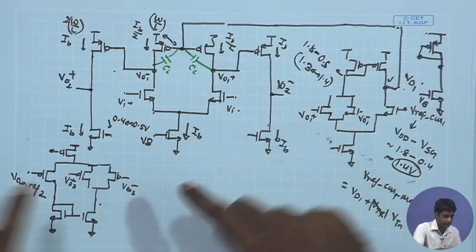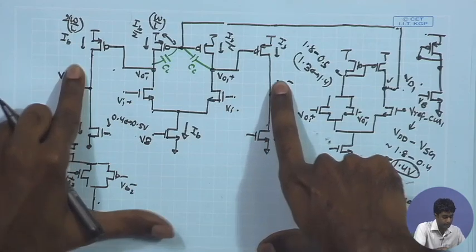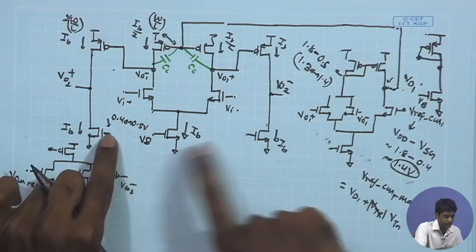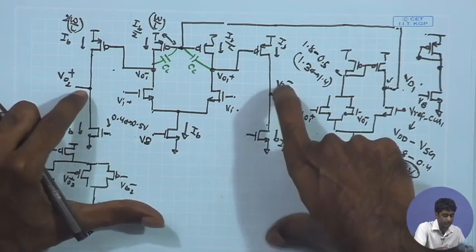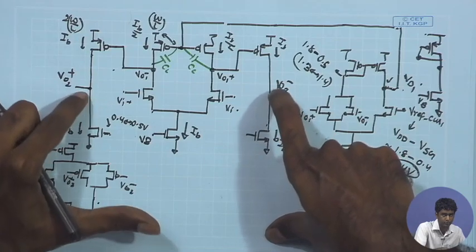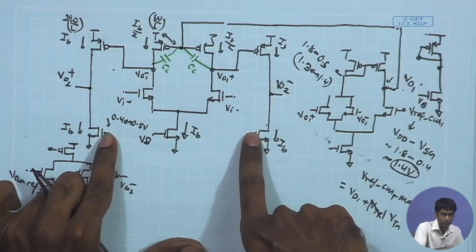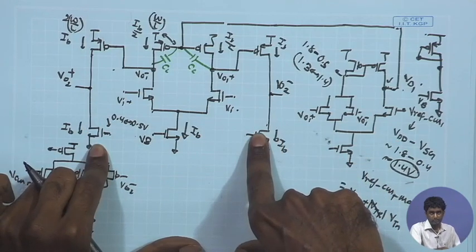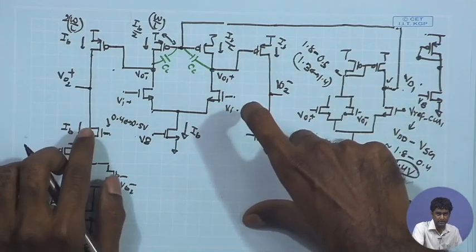So you can again trace the loop, assuming that because of some reason the output common mode level over here goes up. If this goes up, I need to increase the gate voltage over here so that it is able to pull it down. If I increase the gate voltage of these two devices a little bit, it will try to pull it down, because the gate voltage of this PMOS is fixed.